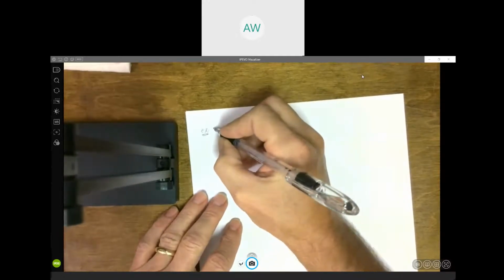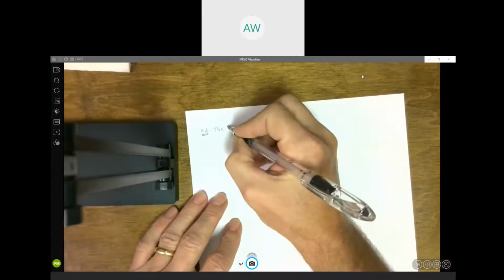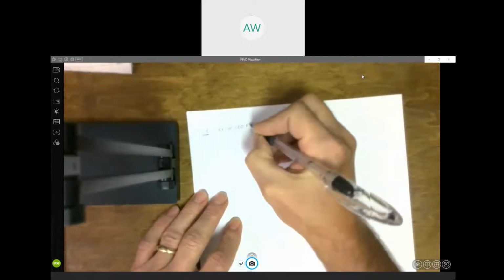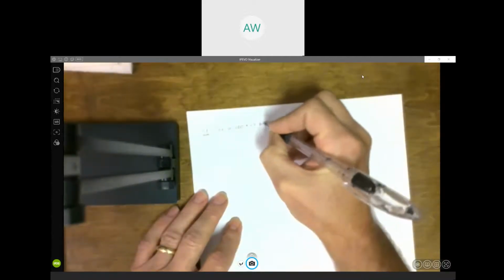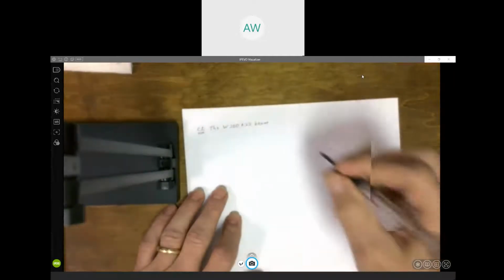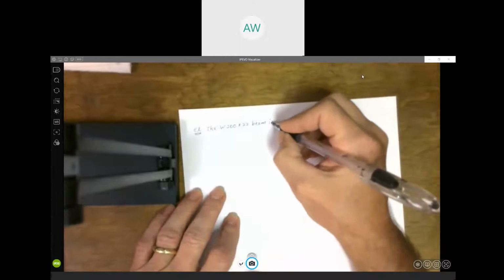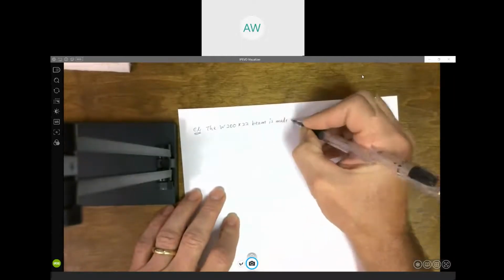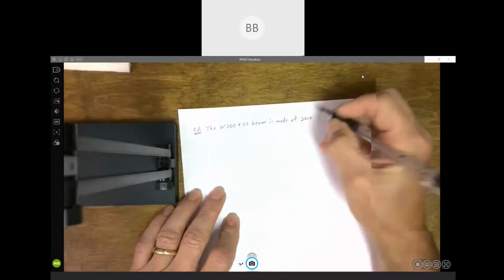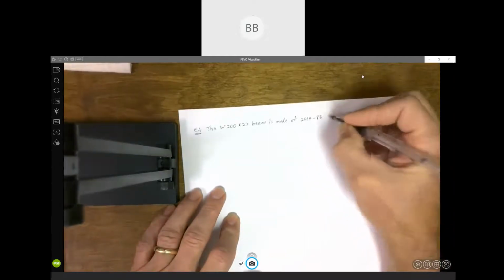So here we've got a W200 by 22 beam. So this is a wide flange I-beam. And it's made of 2014 T6 aluminum.